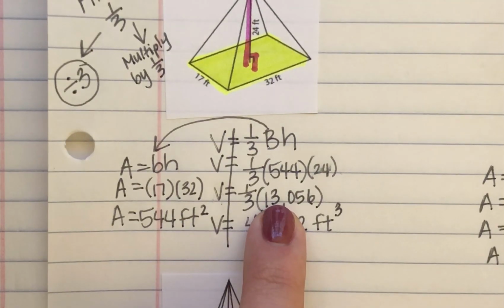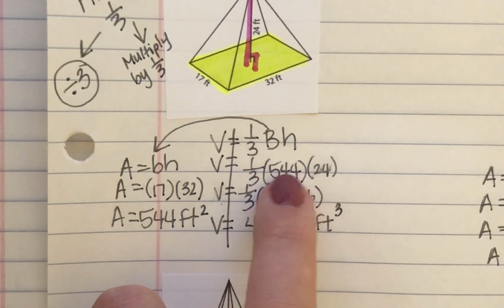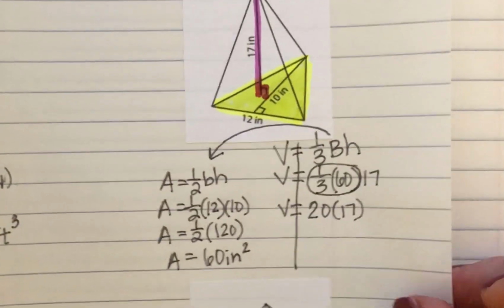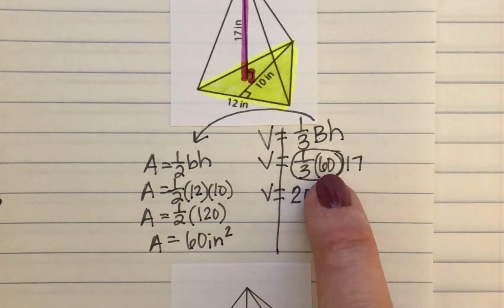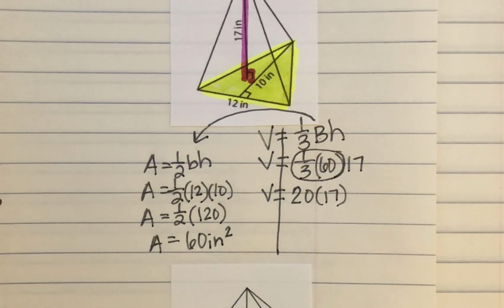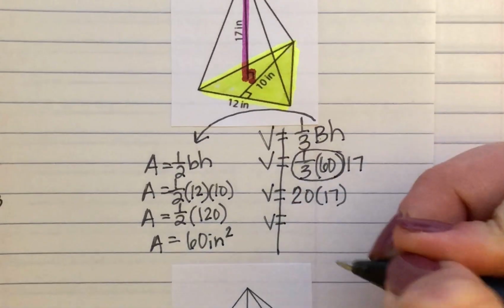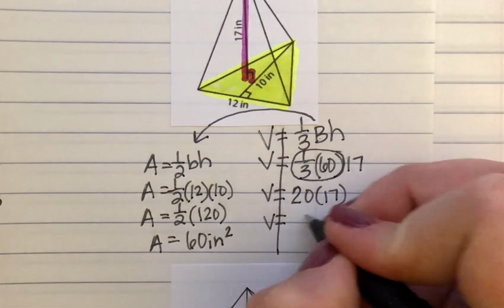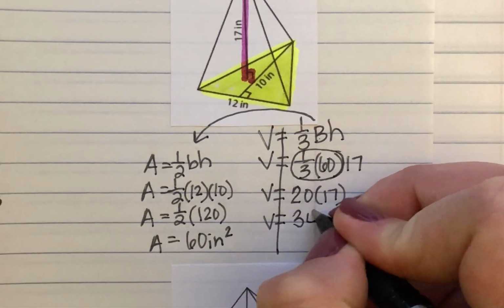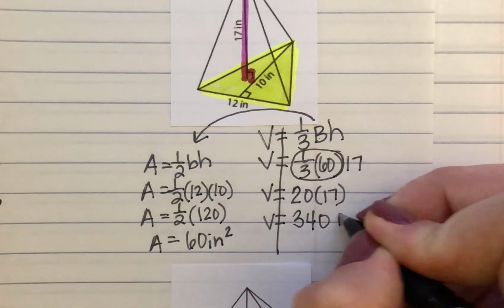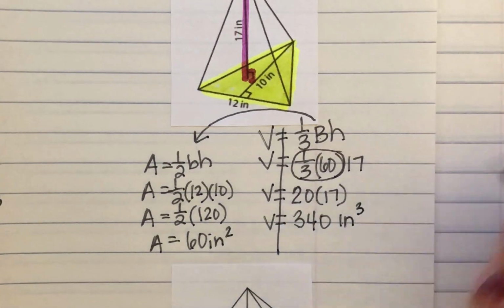Could you still have done exactly what we did over here and just multiplied those two together? Absolutely. If you don't know your multiplication facts really well, you can still do it the same way, and we're all going to get to the same answer at the end. So 20 times 17 is 340, and this is inches cubed.